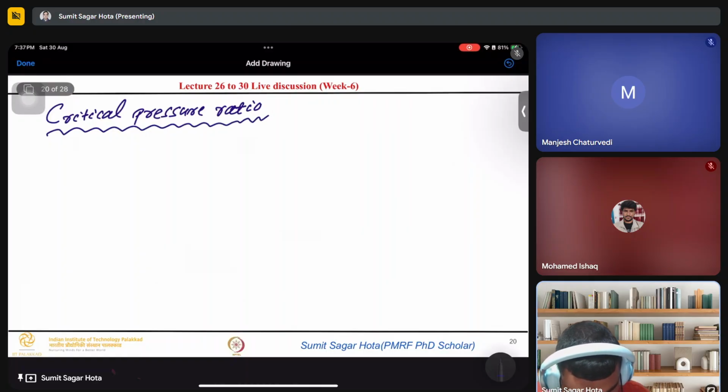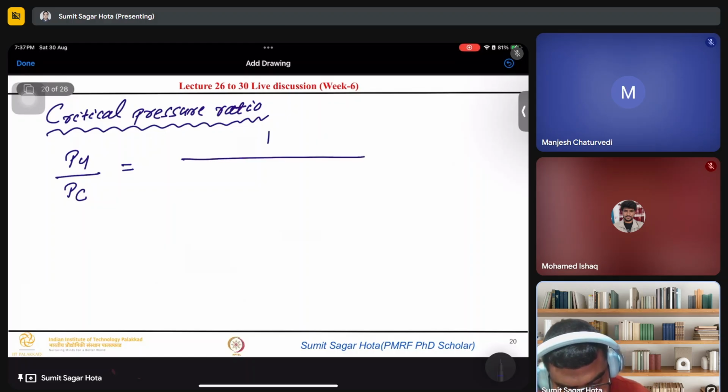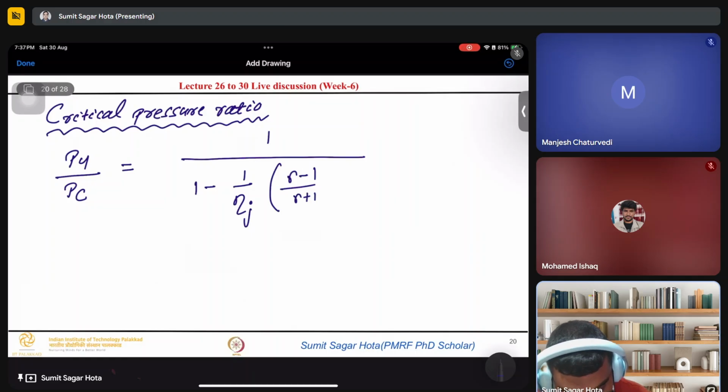This is the critical pressure ratio, always calculated as P4 by PC, the nozzle inlet pressure to the critical pressure, which is equal to 1 by [1 minus (1 by eta of nozzle) into (gamma minus 1 by gamma plus 1)] to the power gamma by gamma minus 1.